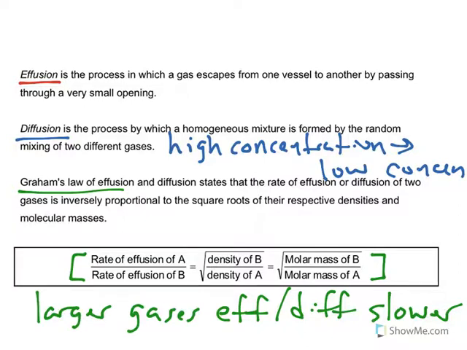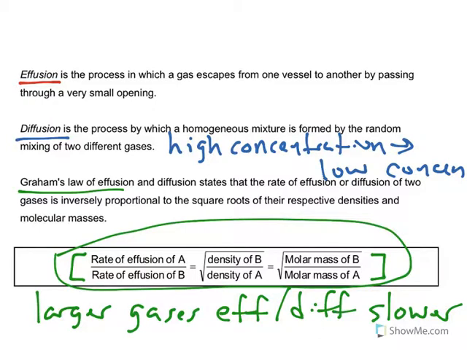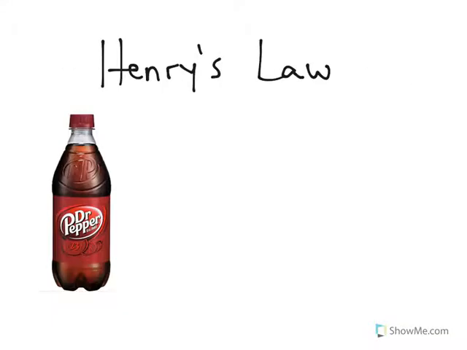This makes sense. Assuming they're all at the same temperature, gases that are larger are traveling slower. So it is logical that they're going to effuse or diffuse at a lower rate. So you do not need to know any of this math, but you do need to understand that larger gases effuse and diffuse at a slower rate.